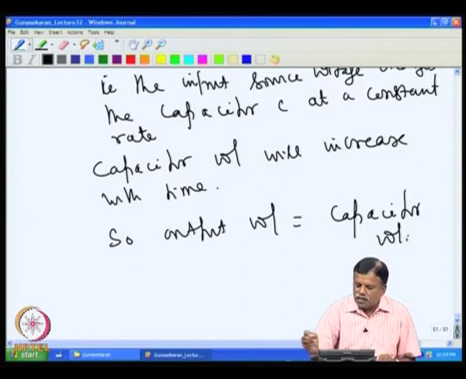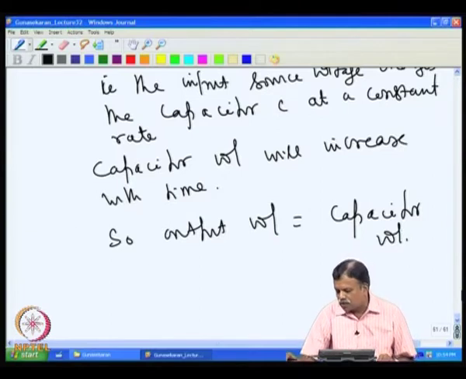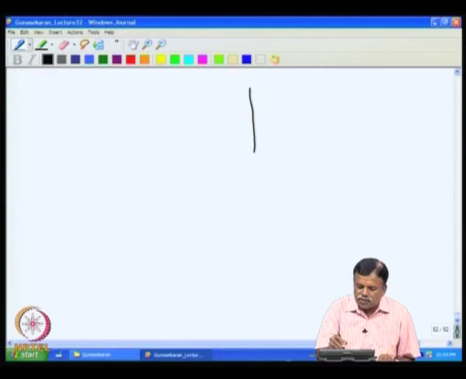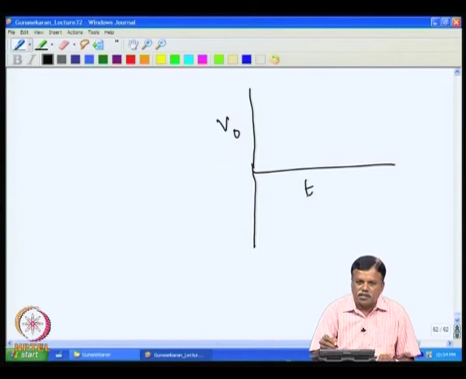Since the capacitor voltage is increasing, the output voltage also increases with time. If we plot time versus output, the output voltage goes in the minus side, because V is positive.